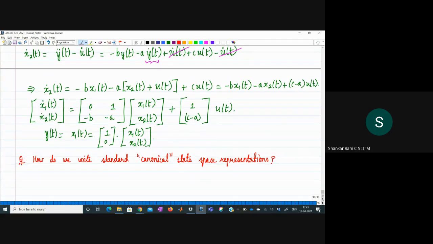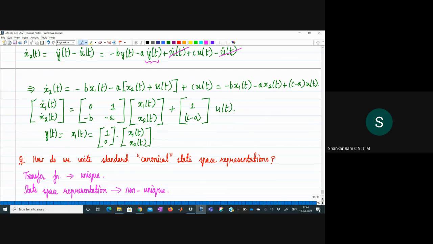Please note that the transfer function representation is unique, but the state space representation is non-unique. Okay, so that's an important concept that we need to understand. And why is the state space representation non-unique? Can we show it by some means? We will do it in the next class.